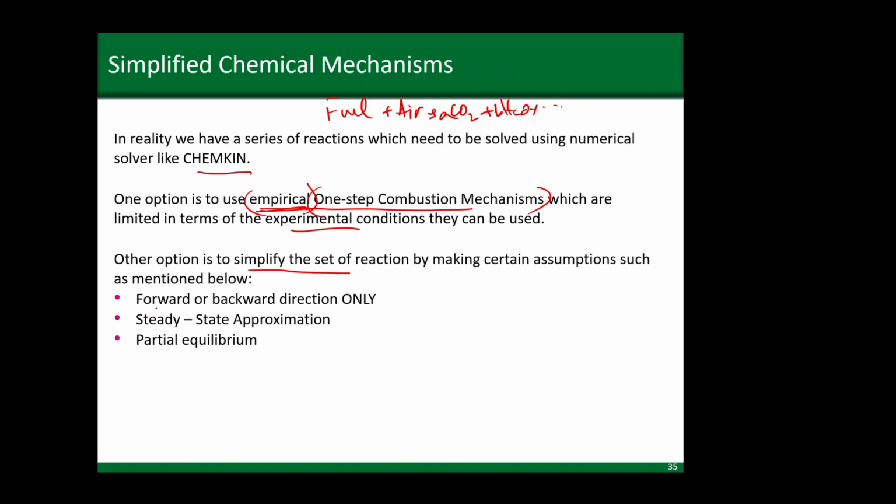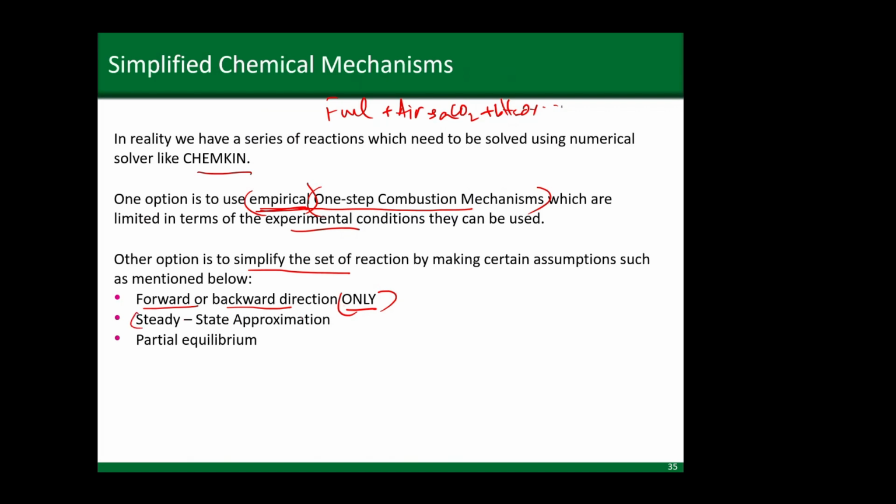These assumptions or simplifications could involve assuming that you just have a forward or a backward direction only in a certain elementary reaction, instead of assuming it to go both ways, because in reality elementary reactions go both ways, right? You could say, okay, it's not happening in one direction, it's just happening in the forward direction. Which means that you can use it to reduce the number of unknowns, and you can use it to simplify the equation set that you're solving.